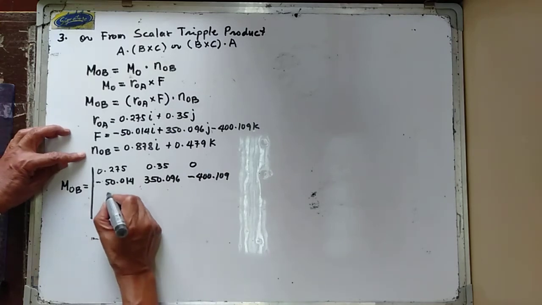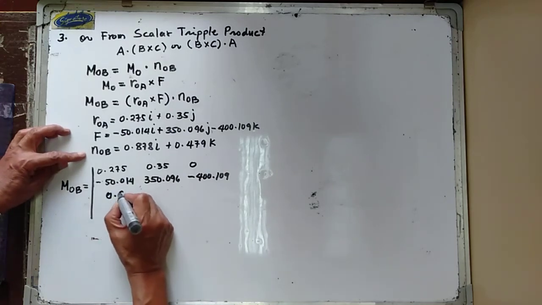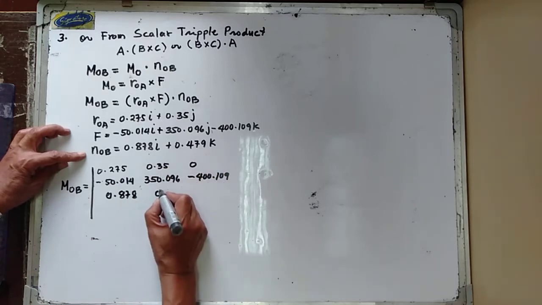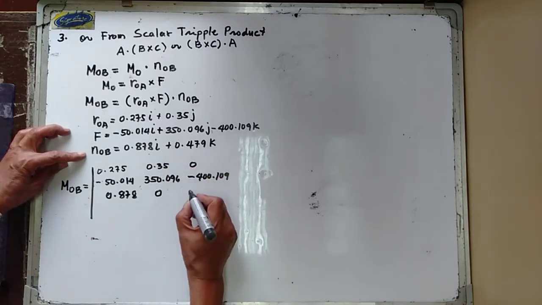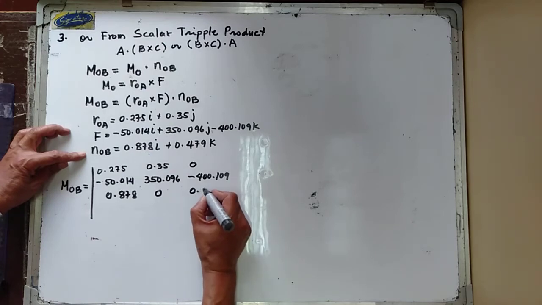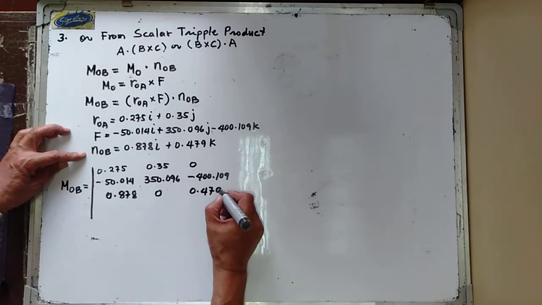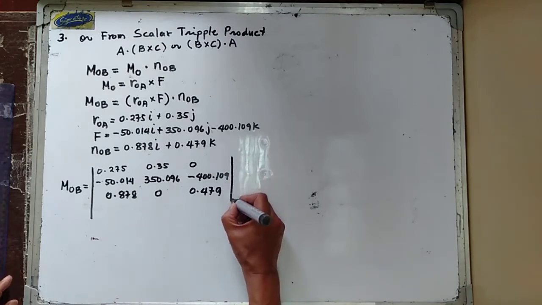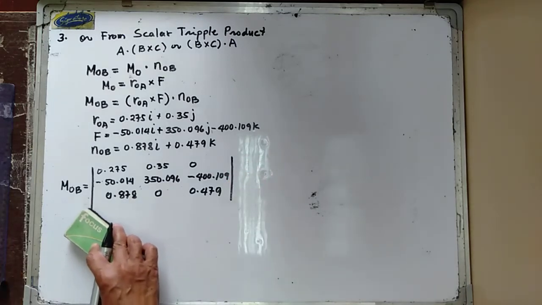And then this is 0.878, J is 0, and your K is 0.479.